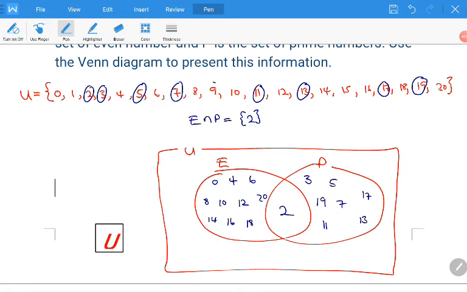So the other elements which are not included in either E or P, we have 1, 9, 15.